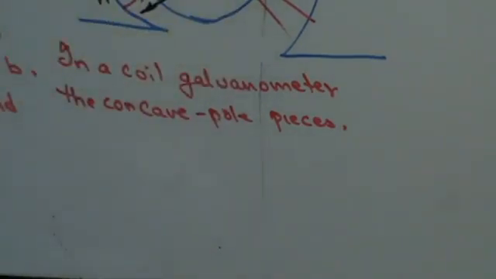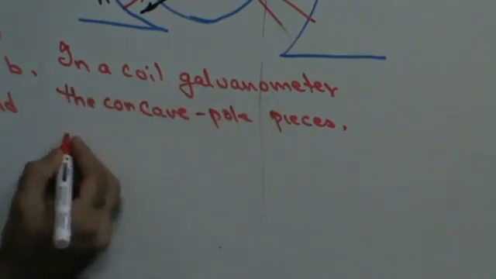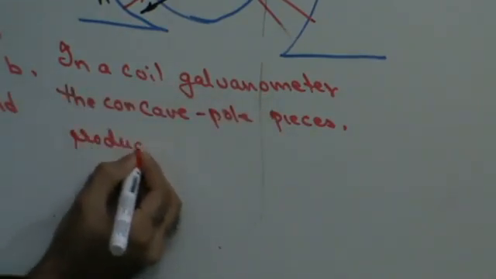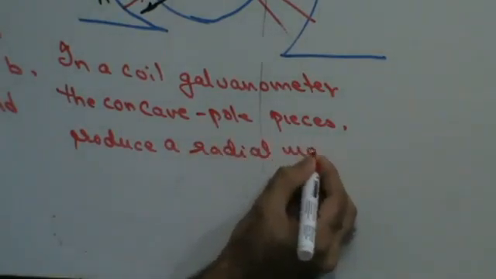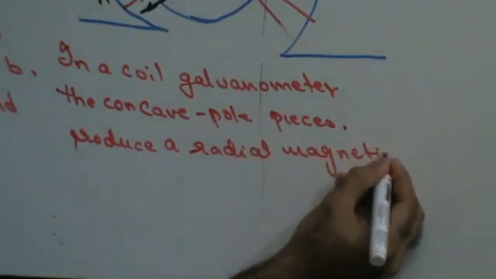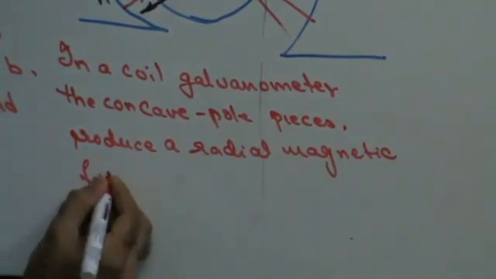This is your radial magnetic field. Instead of producing the straight magnetic field, you are going to have a radial magnetic field.